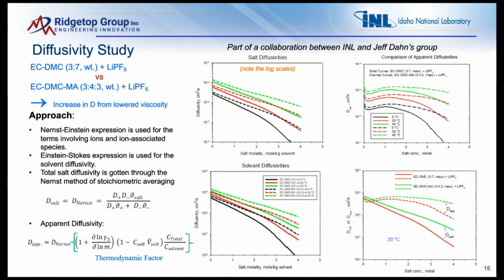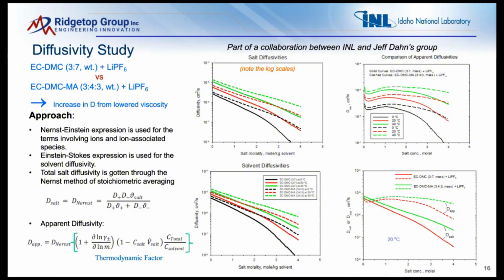So on the left-hand side of the plots is the Nernst version of the diffusivities for different electrolytes at different temperatures. I'm sorry, black is 0 degrees, red is 20, and then green is 40 degrees.